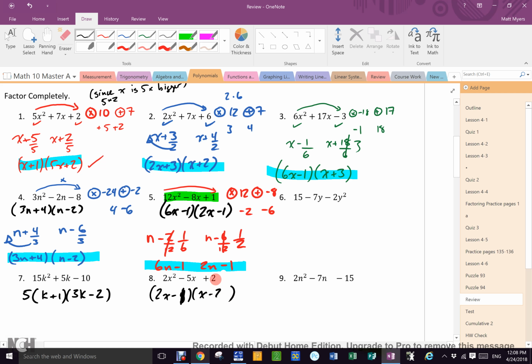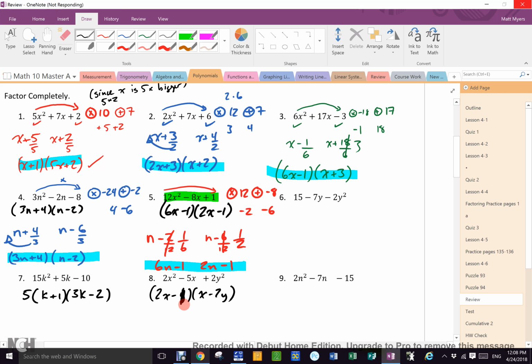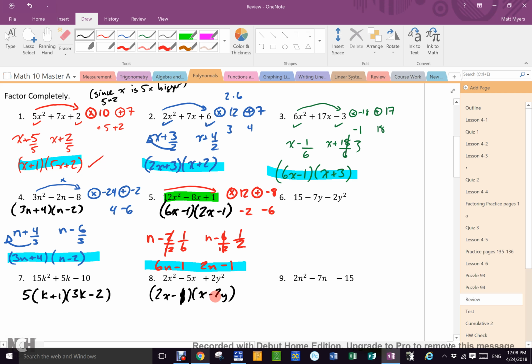But you need a y there to make that y squared. So it becomes 1y. We never write the 1, so it becomes y and 2y. Wait, does that say x minus 7y? No, it says 2y. Oh, I got it right then. My 7s have crosses. That's why I draw my 7s that way, so you don't ever make that mistake.